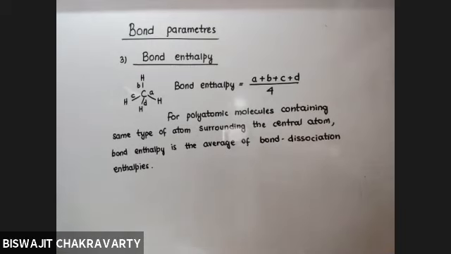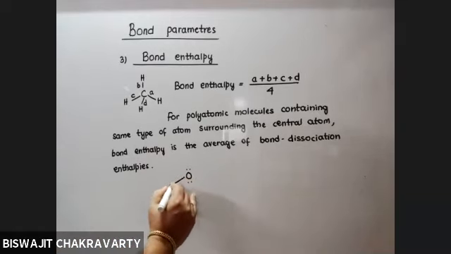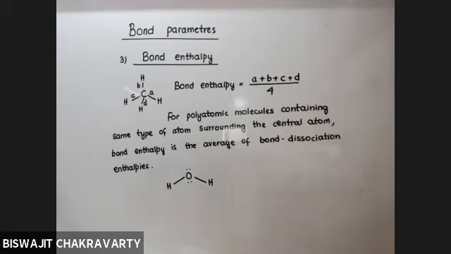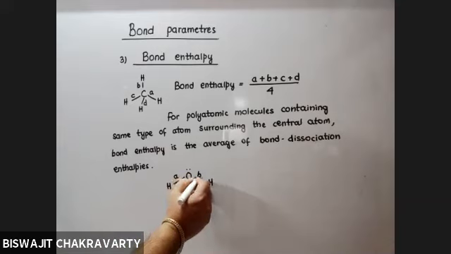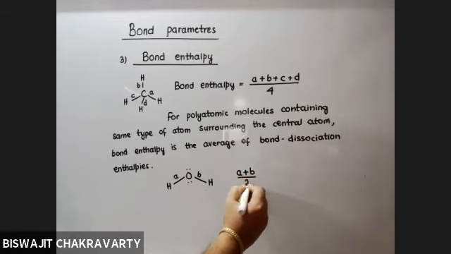Yes, sir. Now say for example, you have a molecule of water. As you can see, the same type of atom is surrounding oxygen. So what do you think? Will the bond enthalpy and bond dissociation enthalpies be the same or different? Different. Because to break this bond, you require a different amount of energy, and to break this bond, you require a different amount of energy. So what will be the bond enthalpy? Will it not be A plus B divided by 2?